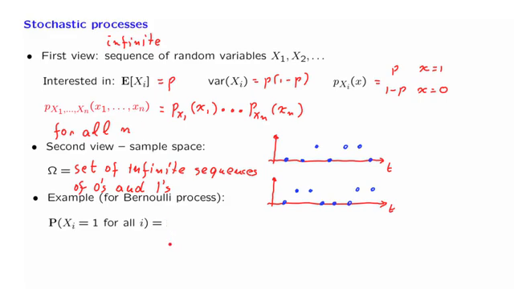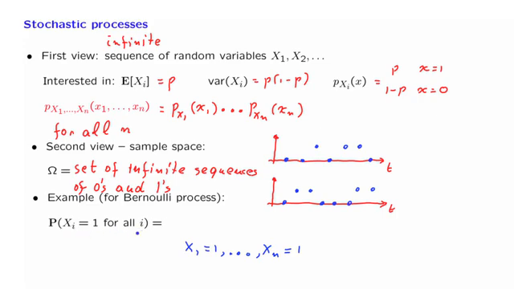What is the work that we want to do? Instead of calculating this quantity, we will calculate a somewhat related quantity. Let us look at the event that the first n results were equal to 1. How is this event related to this event? Well, this event here implies that this event has happened, so this is a smaller event.